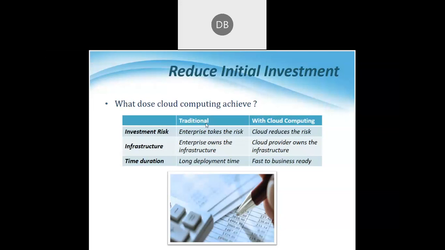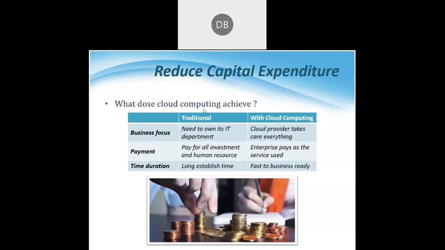But with the cloud, Google Cloud or Amazon Cloud owns the infrastructure. TCS doesn't have to install anything, and everything will be borne by Amazon.